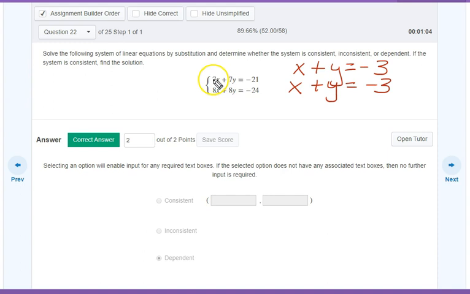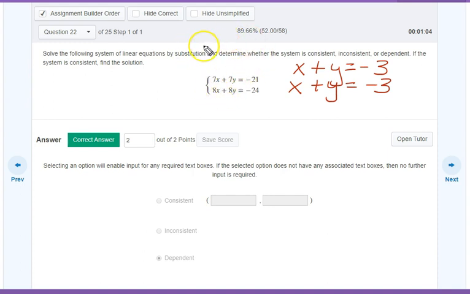Now, if this side said 8x plus 8y equals a negative 21, these two would be exactly the same with something different over here, and the lines would be parallel. But here, these two lines are not the same.